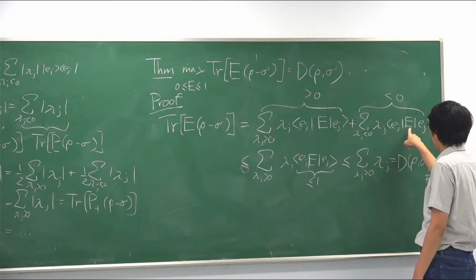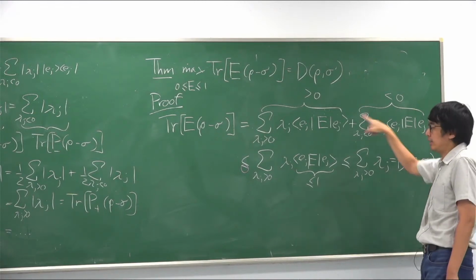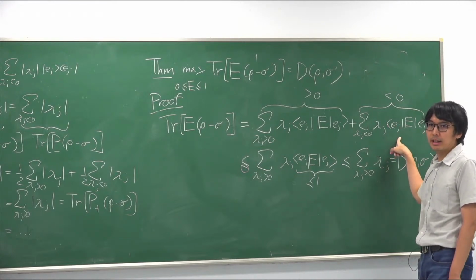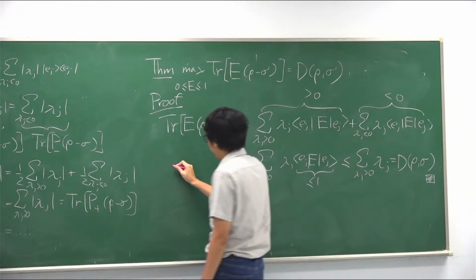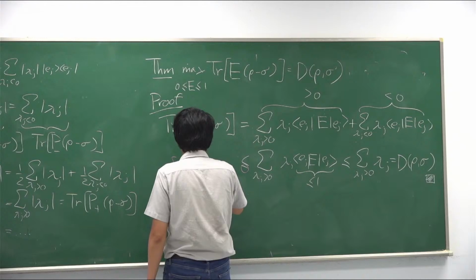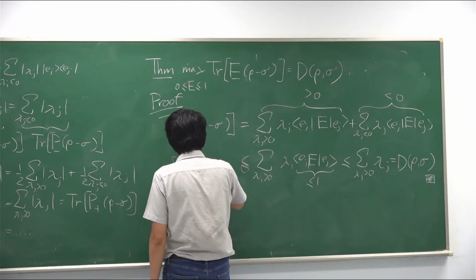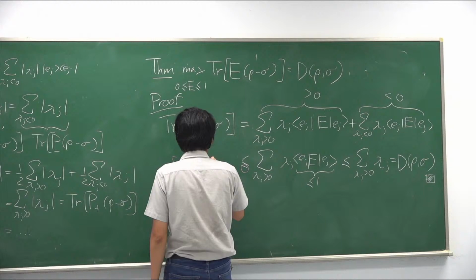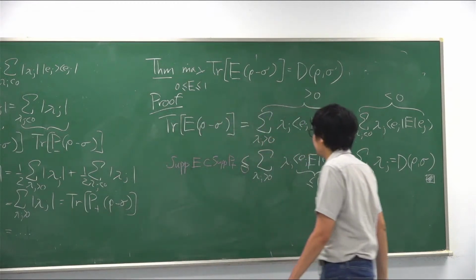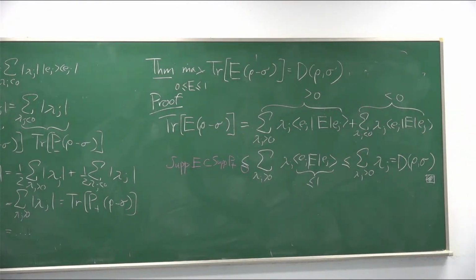Another way is that this POVM element has no support on the negative eigenvalues. Or everything is 0.